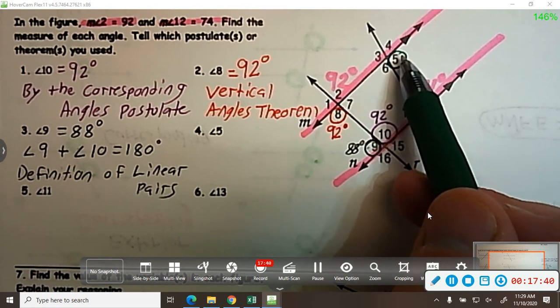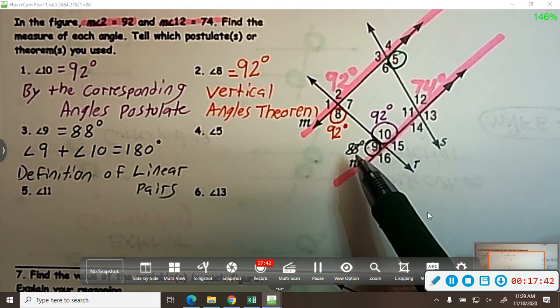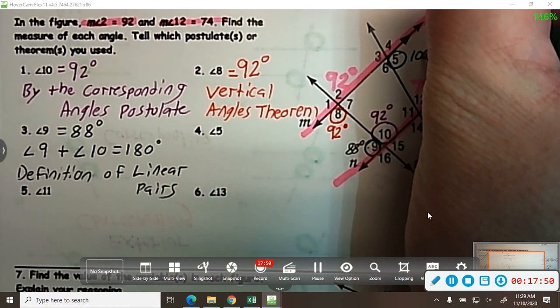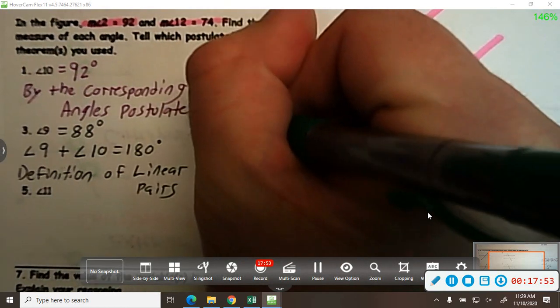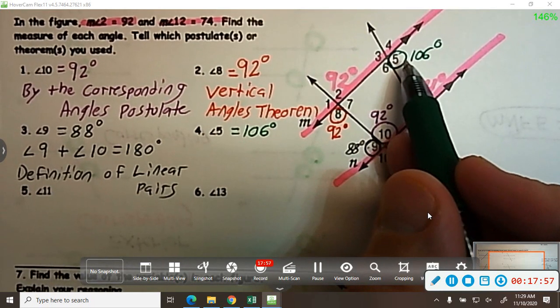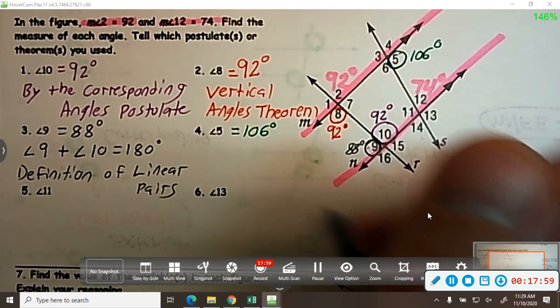So 74 plus what is 180? That would be 106. And what did I use? I used the consecutive interior angles theorem.